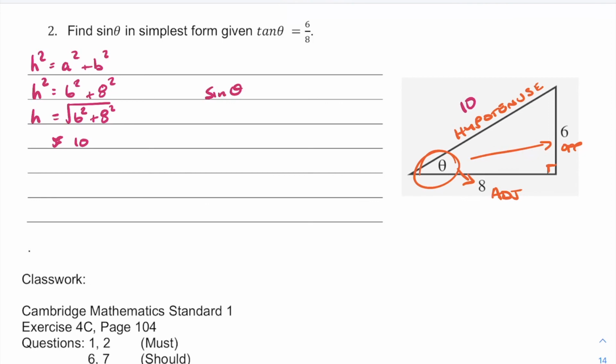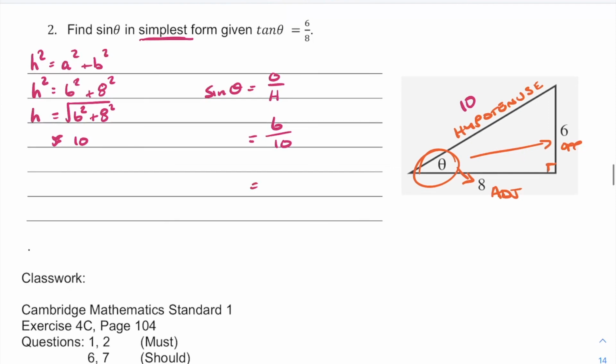So sine theta being O over h is going to be 6, because 6 is the opposite side, over 10, which is the hypotenuse. And we always, or almost always, will go for simplest form, particularly when it's in the question. So make sure that if your question says simplest form, you actually do simplify your fraction. Okay, and this is going to become 3 over 5.